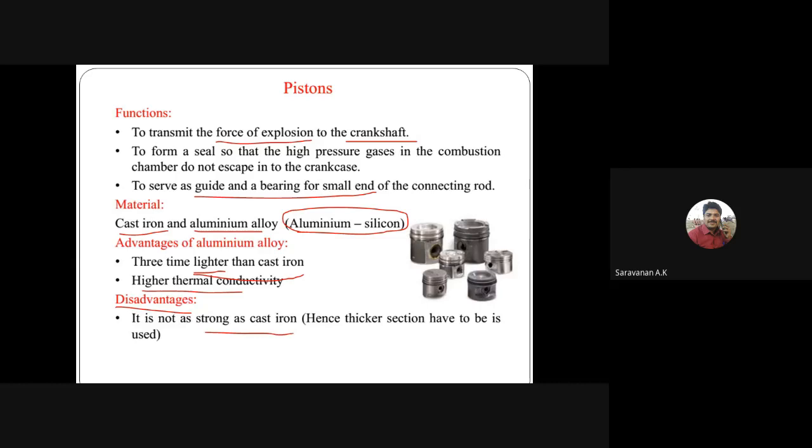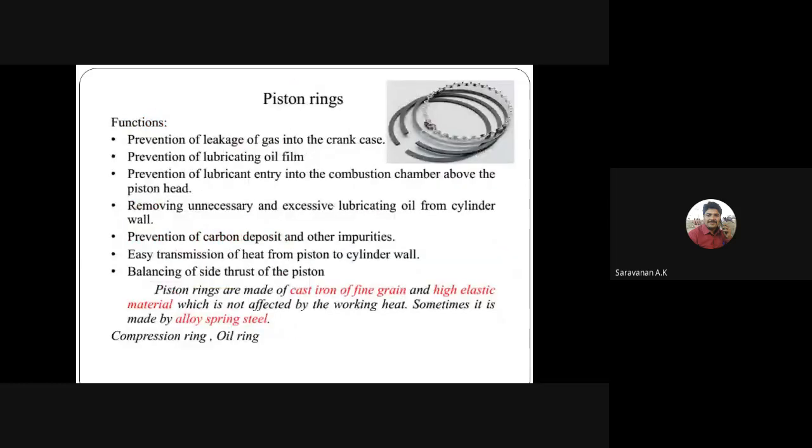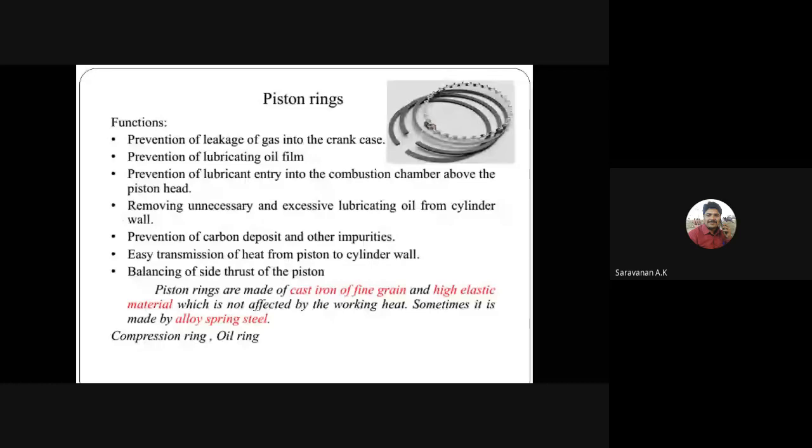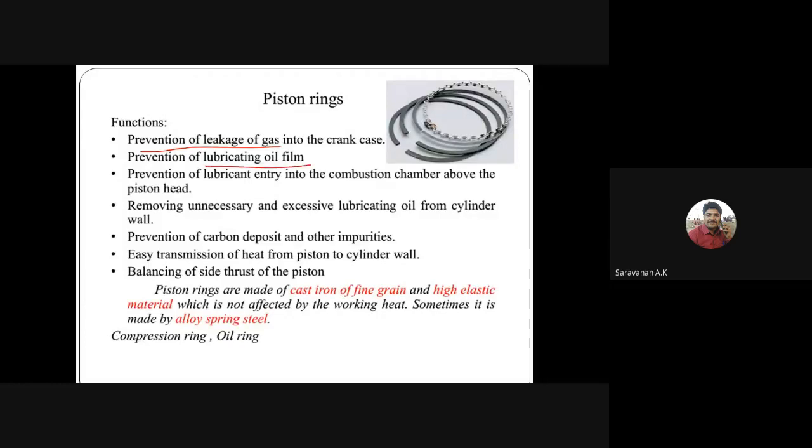Then the piston rings. What do the piston rings do? They prevent the leakage of gases into the crankcase, and they prevent the lubricating oil from splashing, taking the lubrication oil to the cylinders.